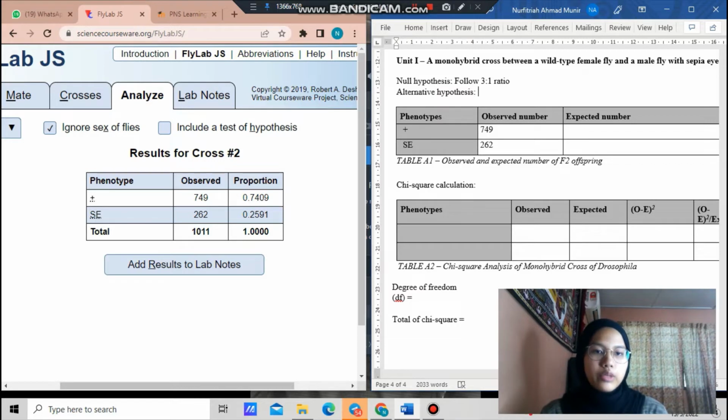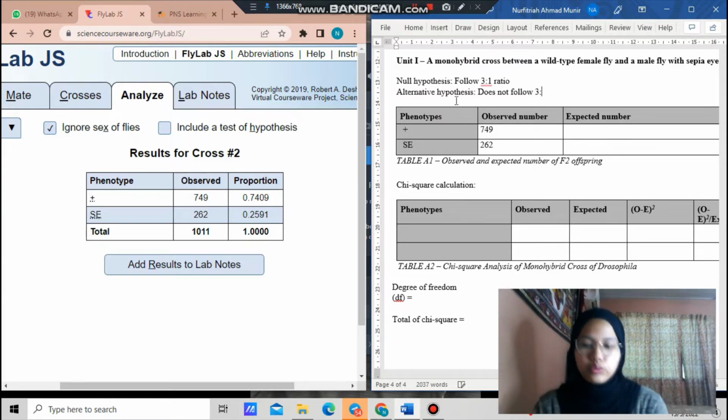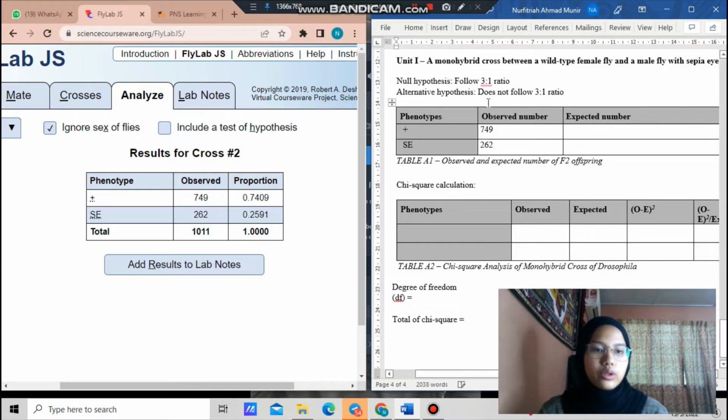So as we know, the monohybrid ratio is 3:1. Then the alternative hypothesis is does not follow 3:1 ratio. So plus is dominant and SE is recessive.